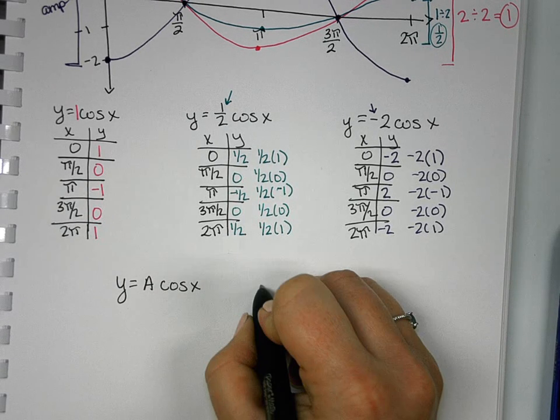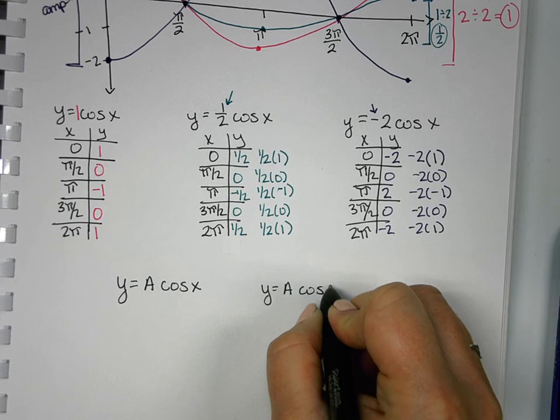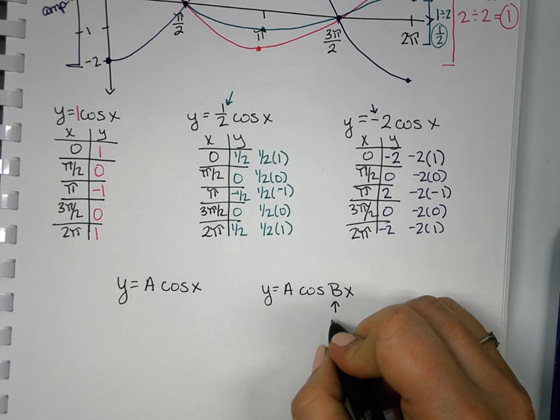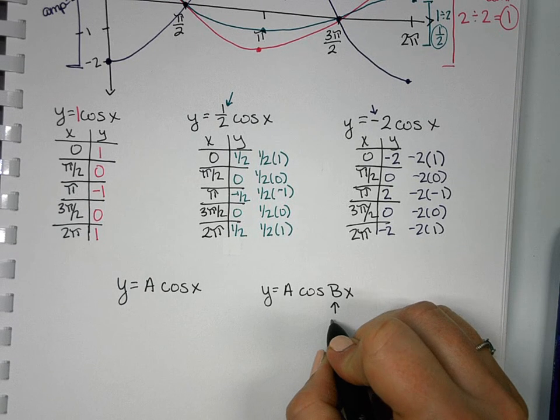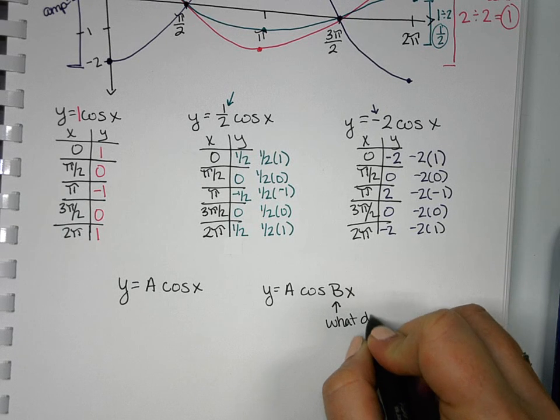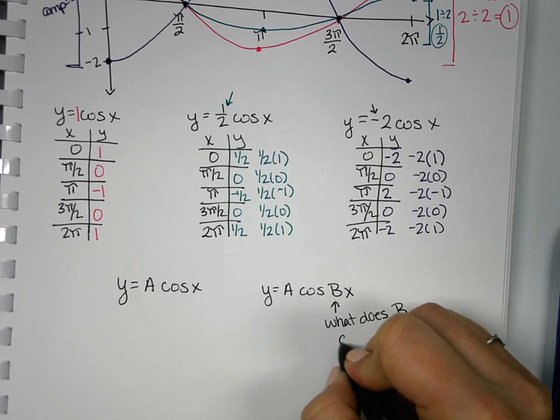Tomorrow we're going to look at what multiplying a number on the inside does. So we're going to go over in class, in our activity, what this value does to the graph. So what does B do to the graph?